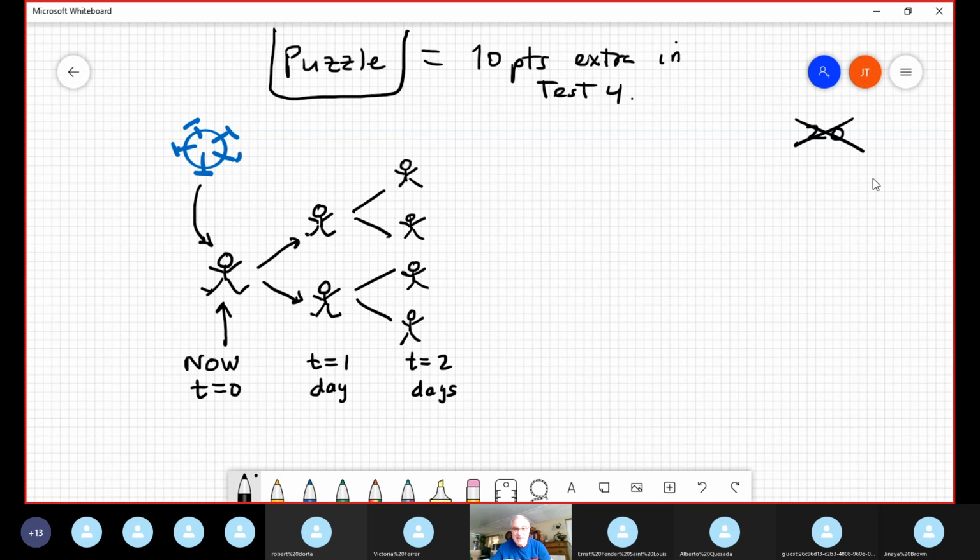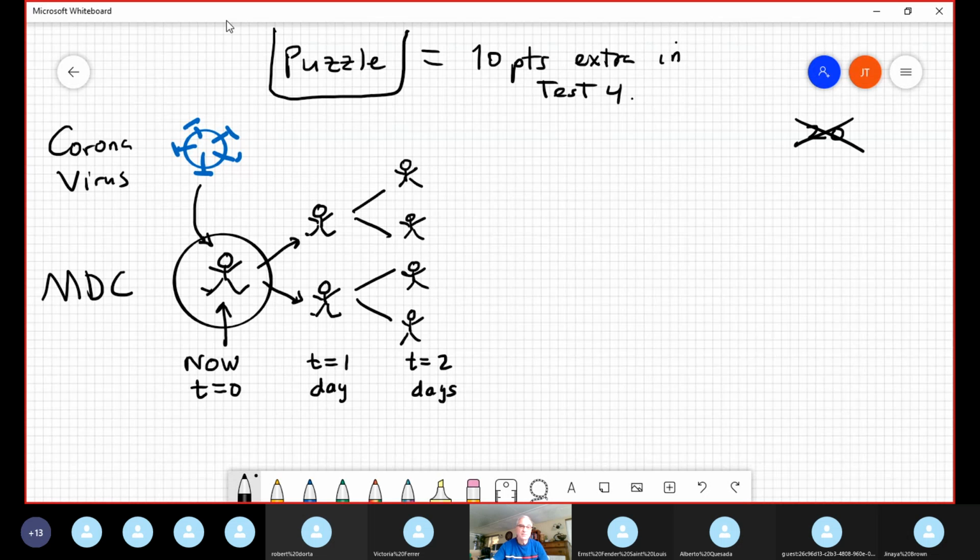So I talk about one puzzle. So you discover what's the answer of this. You have 5 extra points in test 4, no? So we have, for example, here coronavirus. And coronavirus contaminates 1 student in Miami-Dade College.